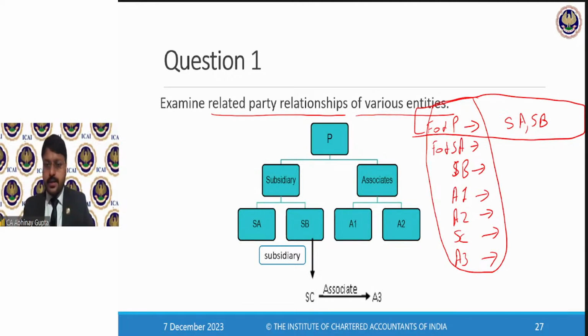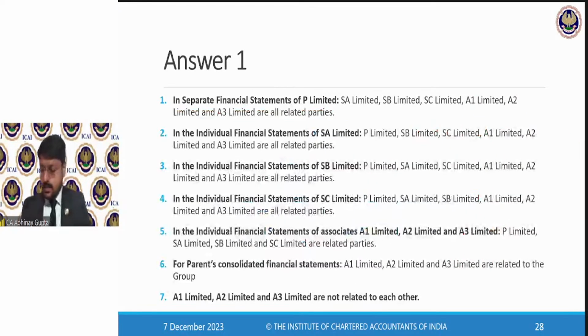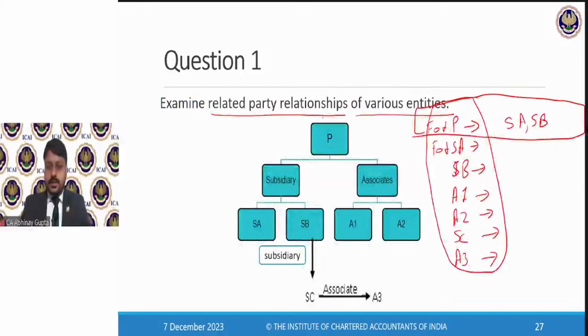Okay, well tried. Just match your answer with the solution. So we will discuss the solution now. So for P, SA Limited, SB Limited, SC Limited, A1 Limited, A2 Limited, and A3 Limited are all the related parties, right? So this will be related, this will be related, this will be related, this will be related.